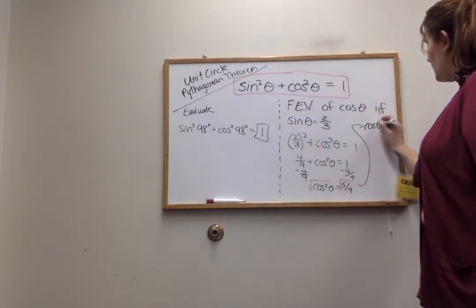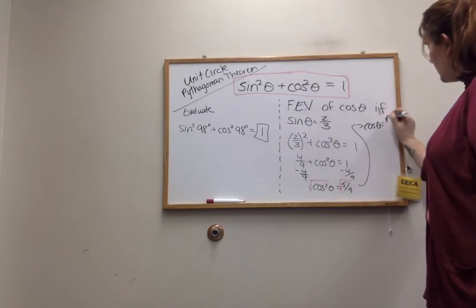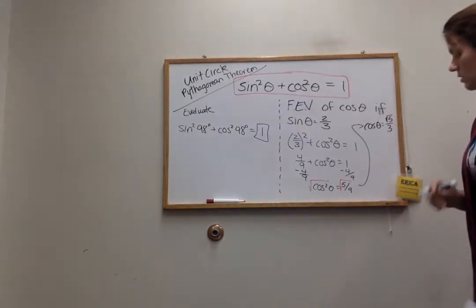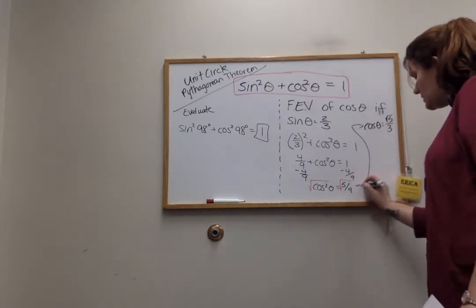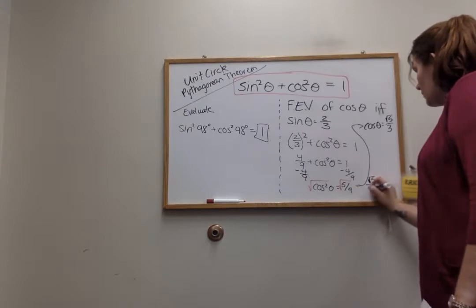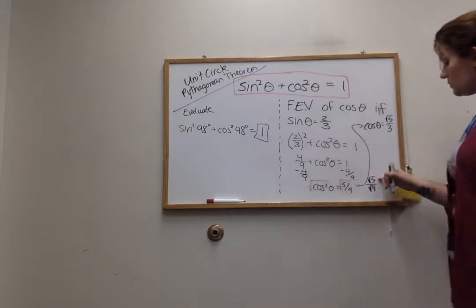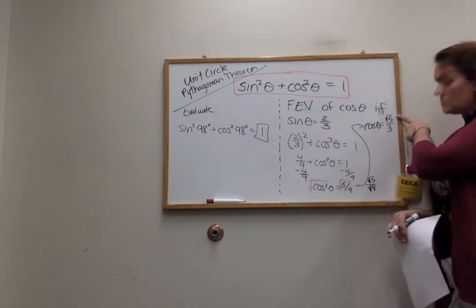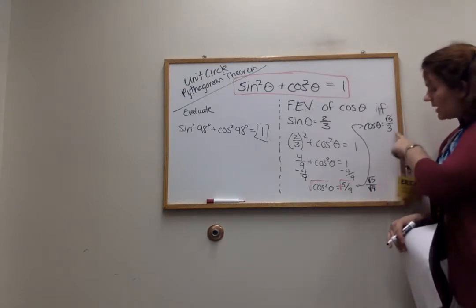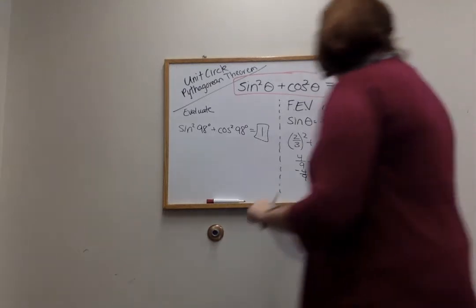Cosine of theta is the square root of 5/9, right? We could write that as the square root of 5 over the square root of 9. Well, square root of 5 is not a rational number, so we just leave it as radical 5. Square root of 9 is 3. So this would actually be our answer.